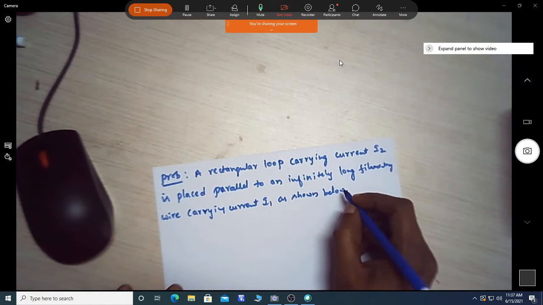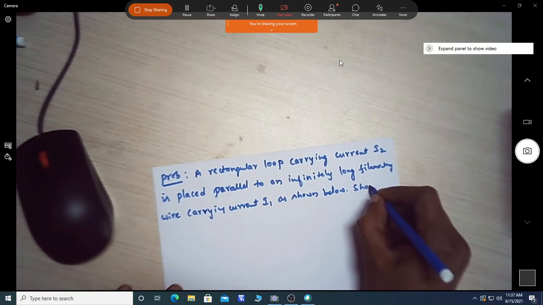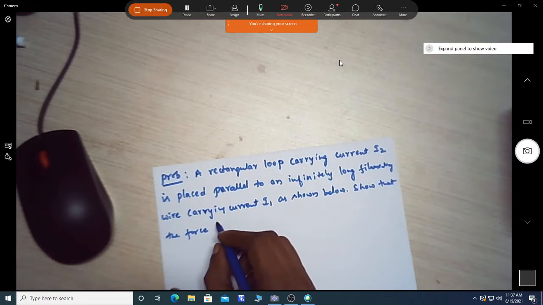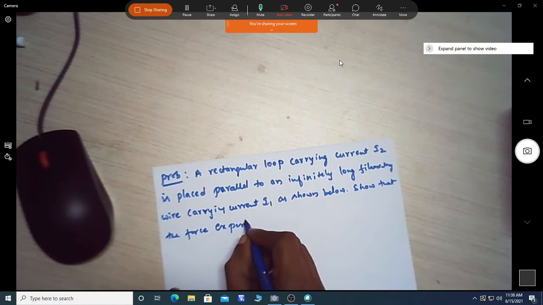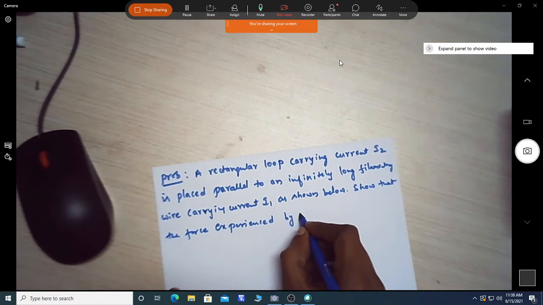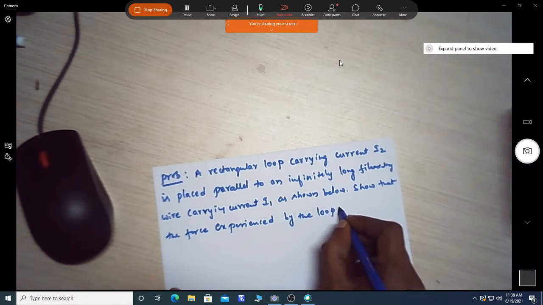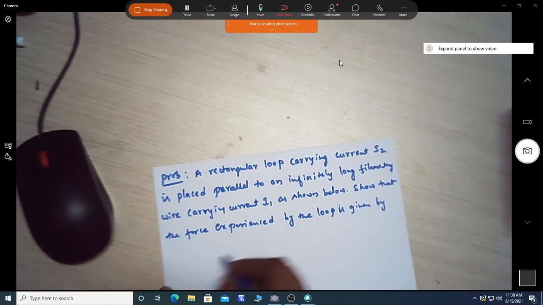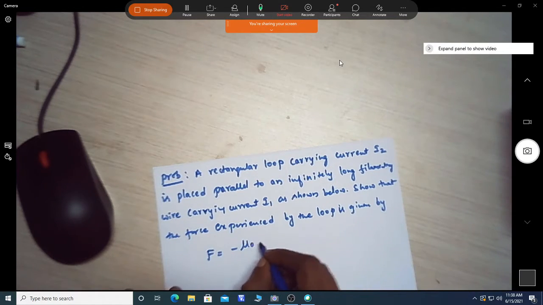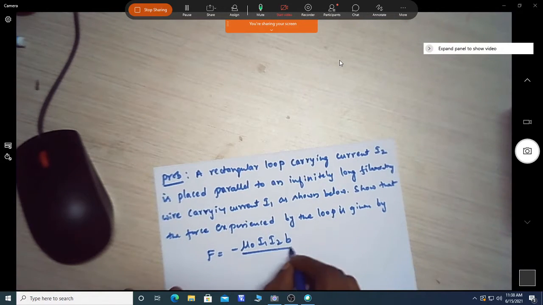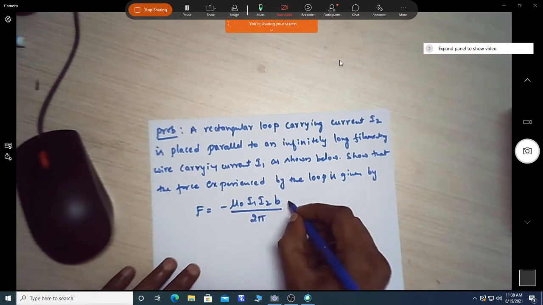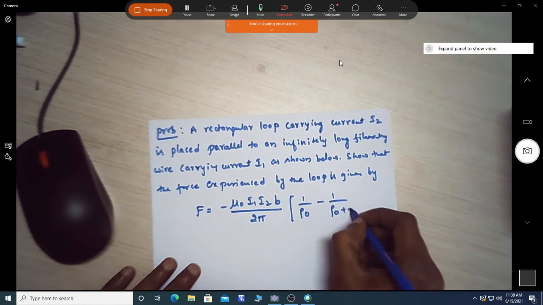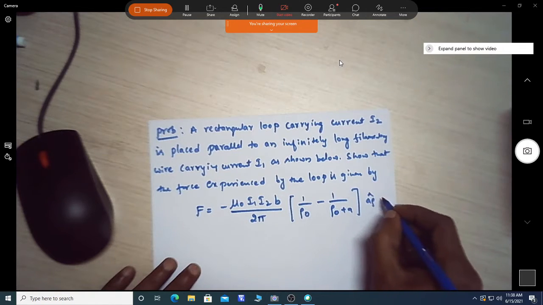Now we have to show that the force experienced by the loop is given by F equal to minus mu naught I1 I2 B divided by 2 pi, into 1 over rho naught minus 1 over rho naught plus A, in the direction of a rho.